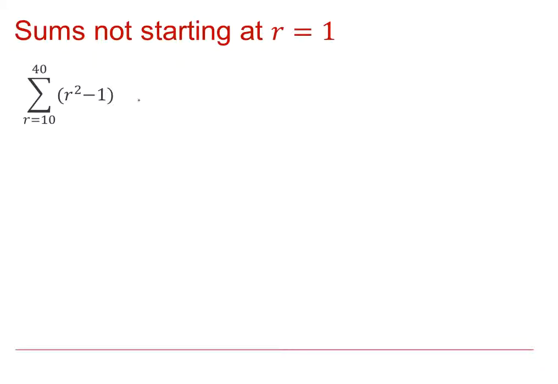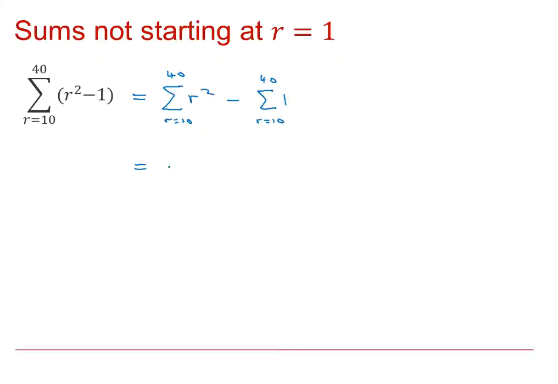Again, we can separate this into two summations. So it's the sum of r squared, starting at 10, finishing at 40, minus the sum of 1, starting at 10, finishing at 40.